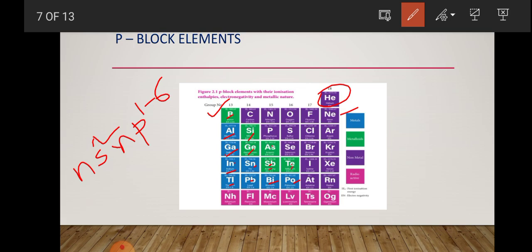Metalloids are elements which show both the properties of metals and non-metals, and the violet color elements are non-metals. Lastly, the pink color elements are radioactive elements.